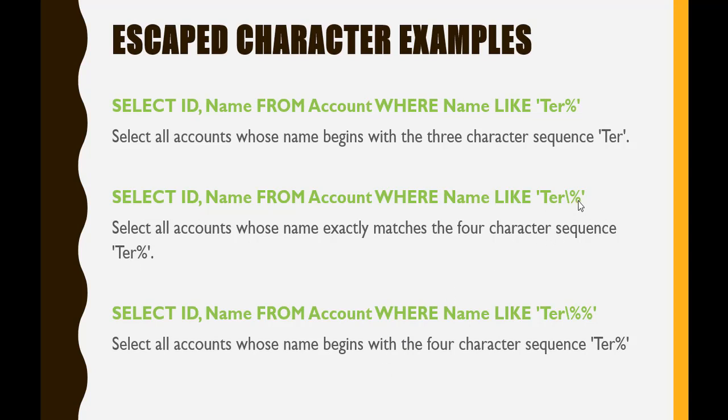Since I told you that if you want this percent sign interpreted correctly, you need to use the backslash. This is the most important point. You want this percent sign to be treated as a literal character, because you're looking for the letters TER and a percent sign. You're not looking for TER followed by anything. You're looking for a name that exactly matches the 4-character sequence TER percent. So let's run this query.